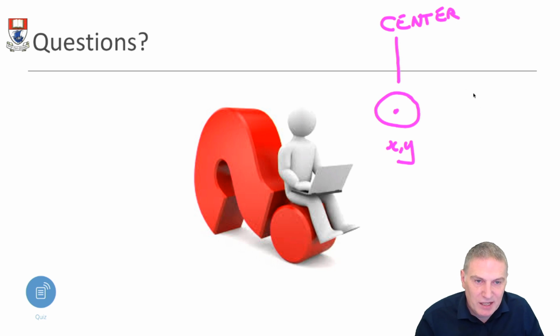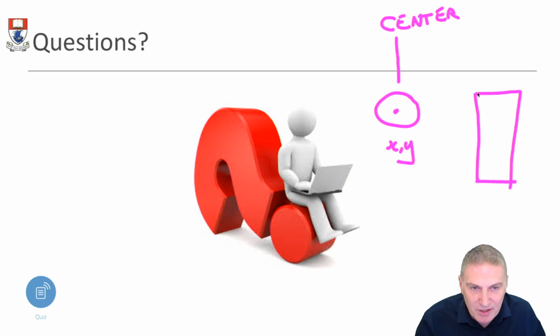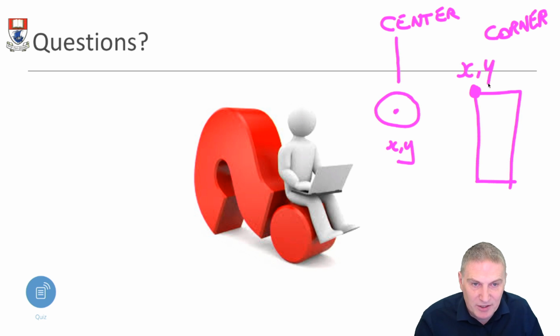When we're drawing a rectangle, which we did when we were drawing the paddle, we're in corner mode. What we mean by that is when we specify the X and Y, you're specifying the X and Y of the top left hand corner.